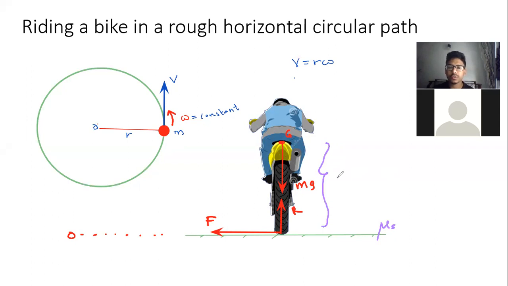So force times perpendicular distance gives a non-zero torque. Due to this torque, the bike tends to fall in this direction. Obviously it's going to fall if you keep it vertical when you're taking a bend. Is that clear?